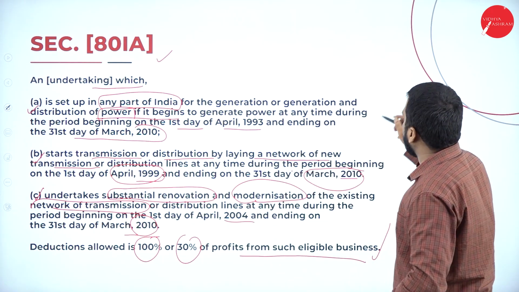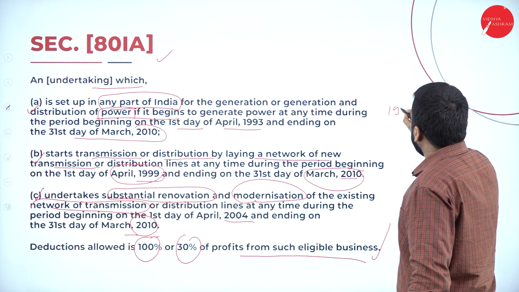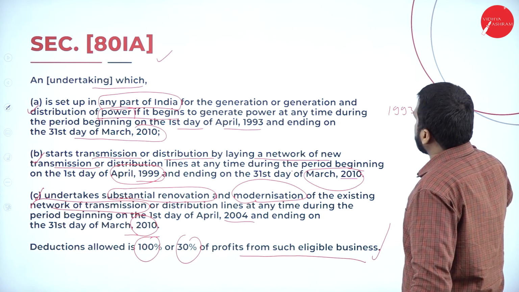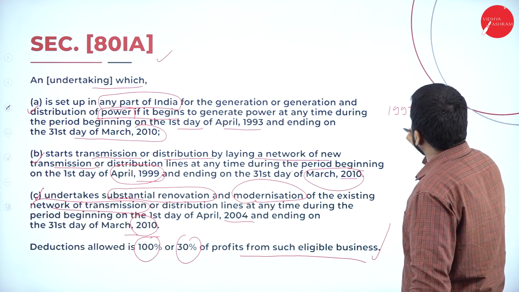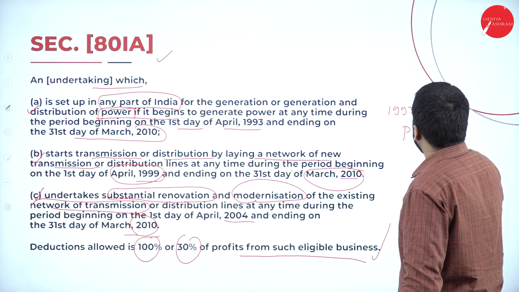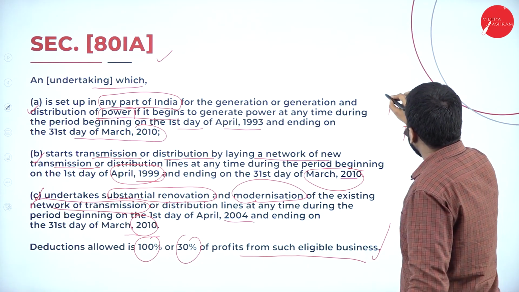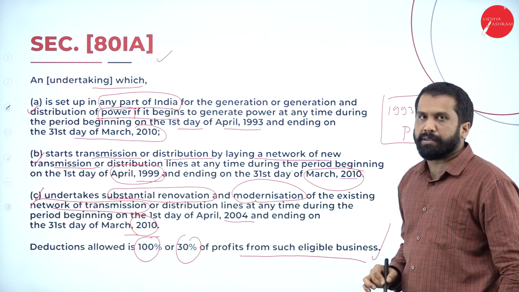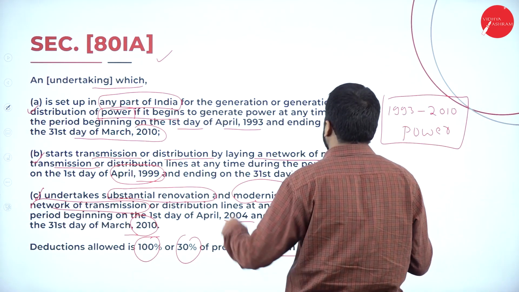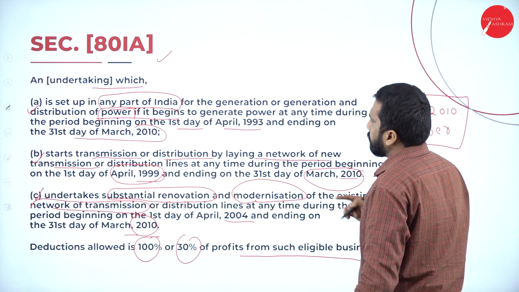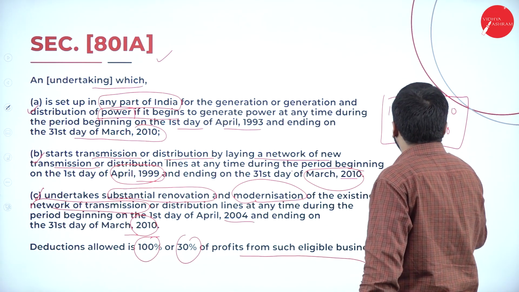Now, this is for what? 93 to 2010. This is for your power generation. This is one. Next, second one is what? This is transmission.